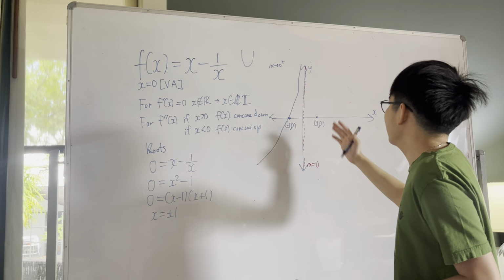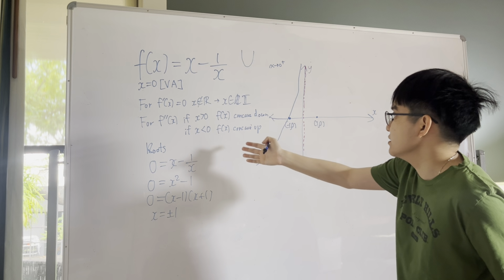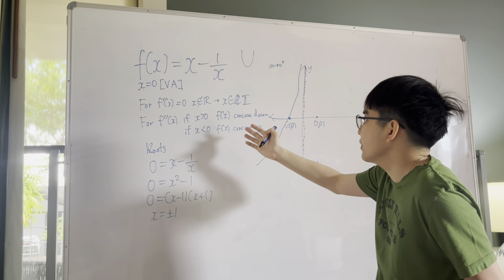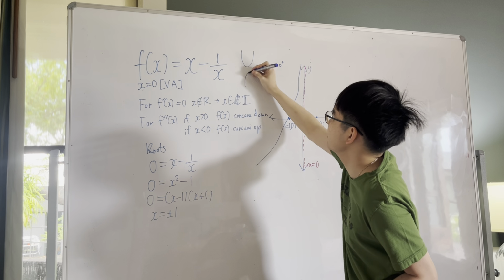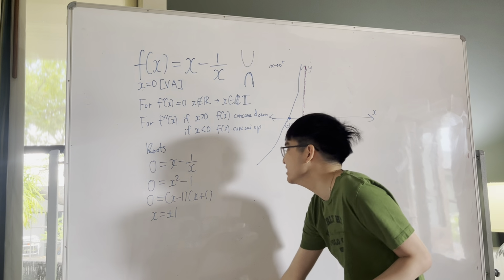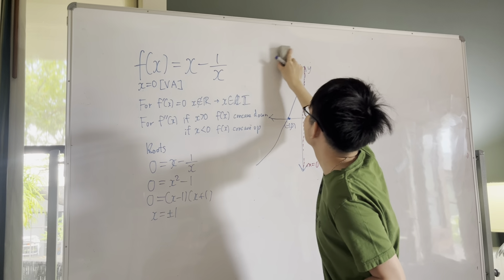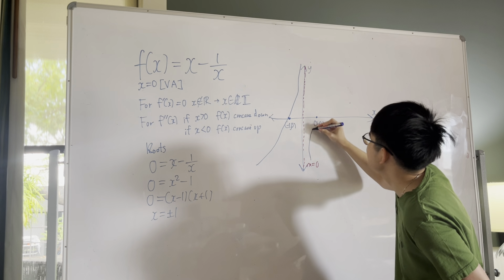And then what about from the right hand side? Well, if f double prime of x is positive, it's going to have to be concave down. It's going to have to be the opposite of it. It's going to have to be an upside down frowny face U shape now. So the best way I can draw that is it's going to look like this.